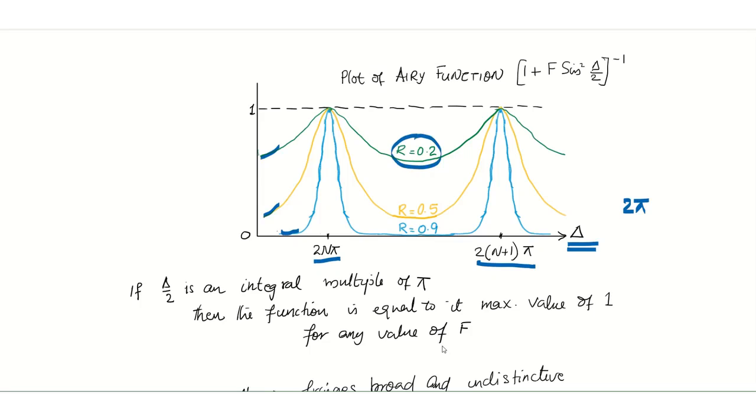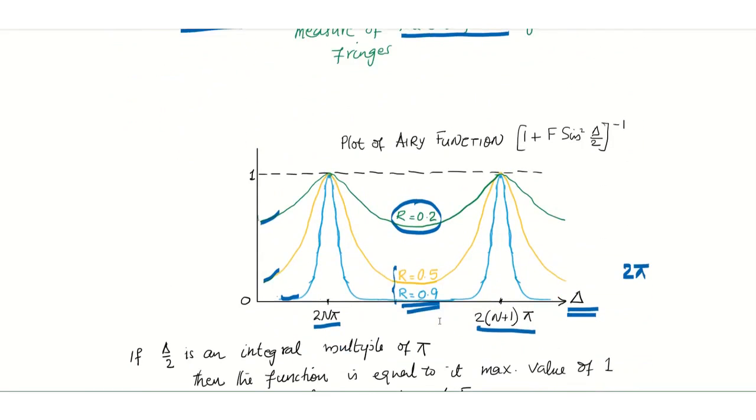The resolution or the fineness goes higher as you have higher and higher reflection. How do you know that?